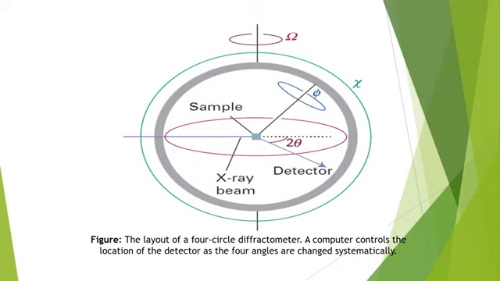In this figure, the layout of the four circle diffractometer is depicted. A computer controls the location of the detector as the four angles are changed systematically. Here we can see the four circles in which the sample is present, the X-ray beam is used, and a detector is used to detect the scattered beam after striking the single crystal.